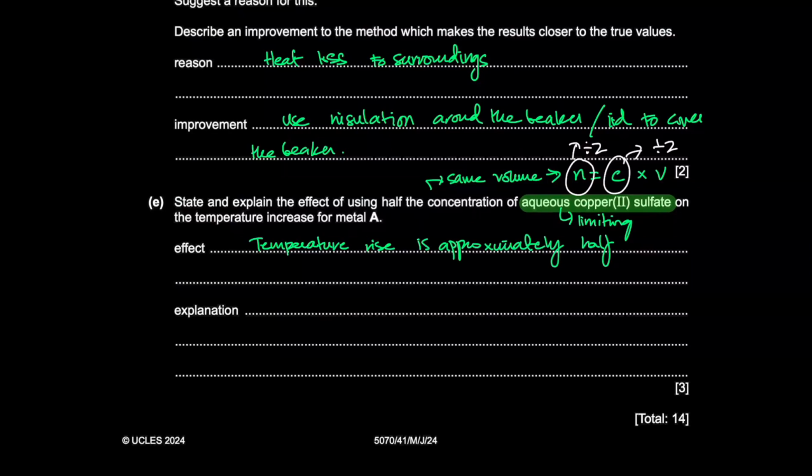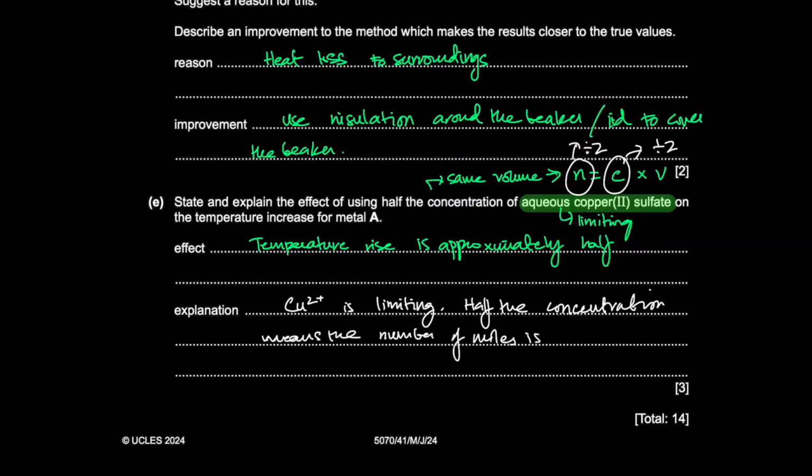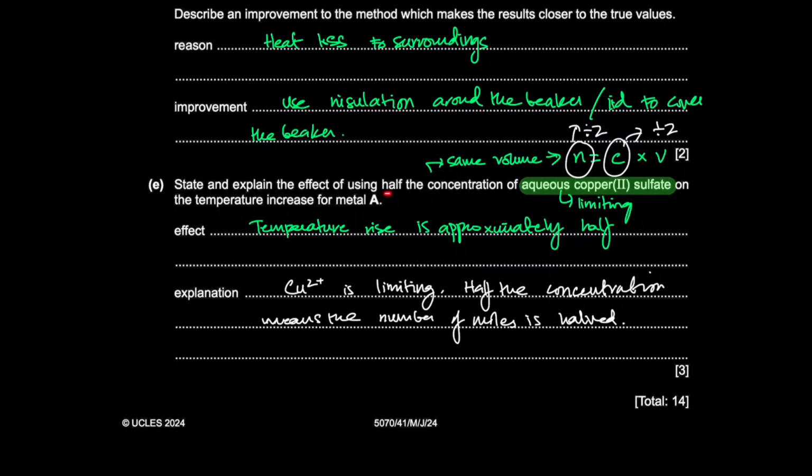And the reason why is because Cu2+, your copper 2 sulfate, is limiting, right? Having half the concentration means the number of moles is also halved. So again, when you use half the concentration, you're assuming you're using the same volume.